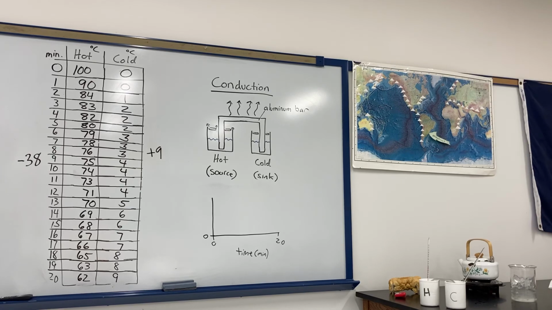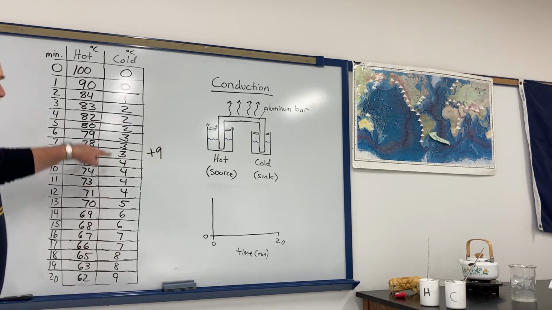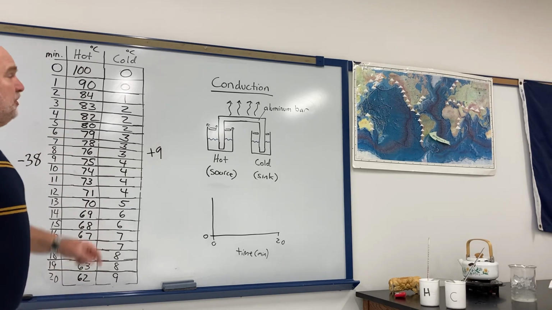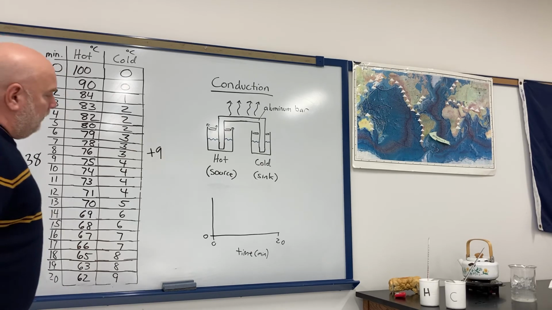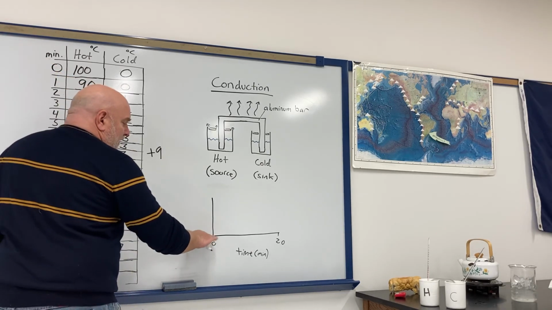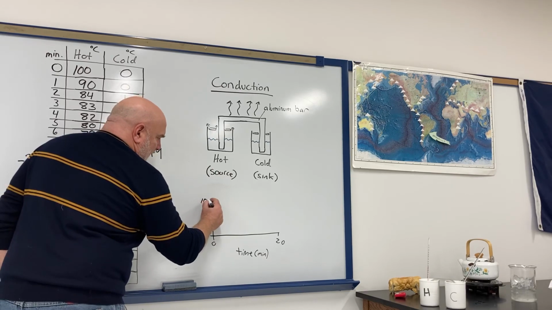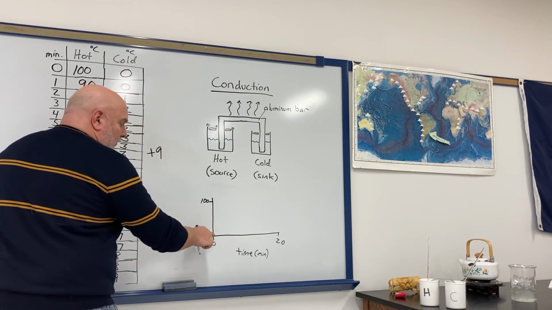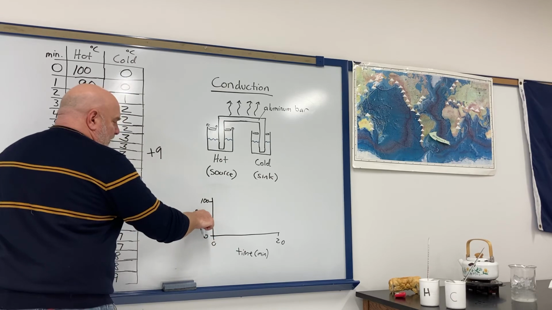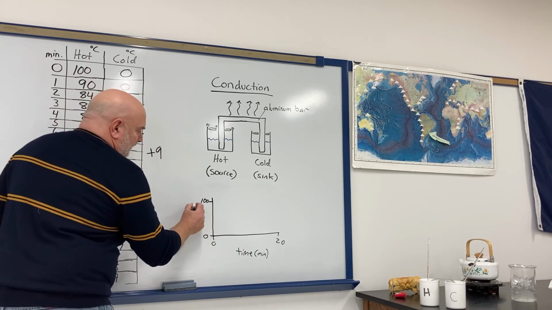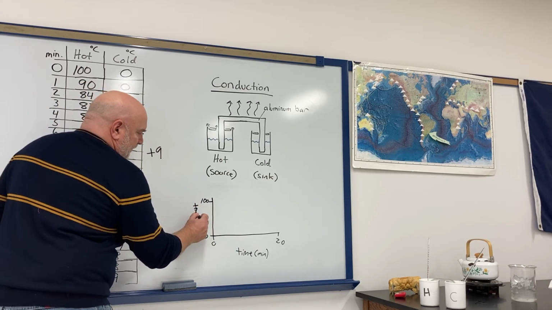I scanned through all my data, and the highest temperature I have is 100. So I have to make sure I can fit everything from 0 to 100, so you have to pick a scale with even increments that goes from 0 to 100. And this would be temperature in degrees Celsius.